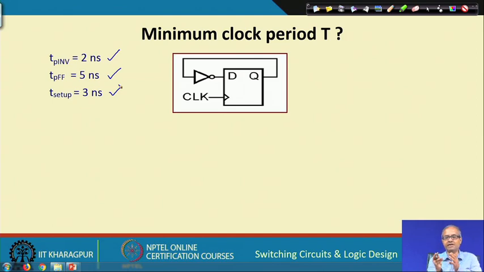Now, as I said earlier, if you recall in our last lecture, the hold time and the propagation delay overlap. So, actually hold time need not be considered when you are talking about the maximum clock frequency, minimum time period.